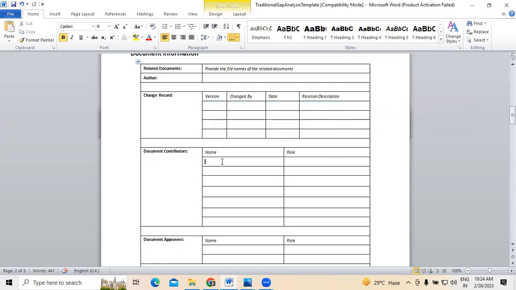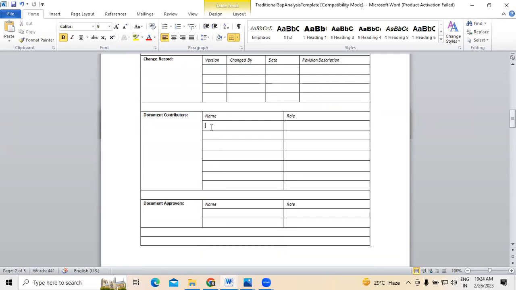And next, whatever related documents you have received, that information has to be updated here equally. You need to write down the name of the document, who contributed, and what role that individual is playing, because depending on the role, the information they provide will vary.